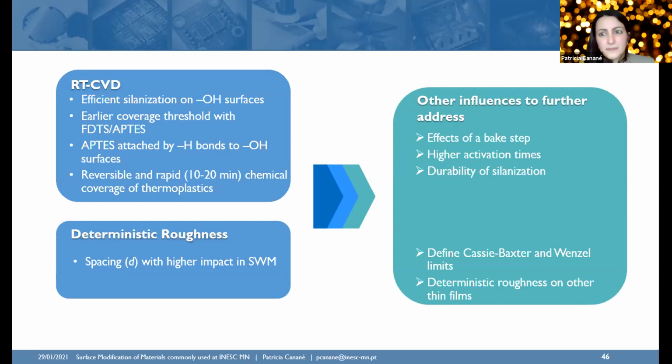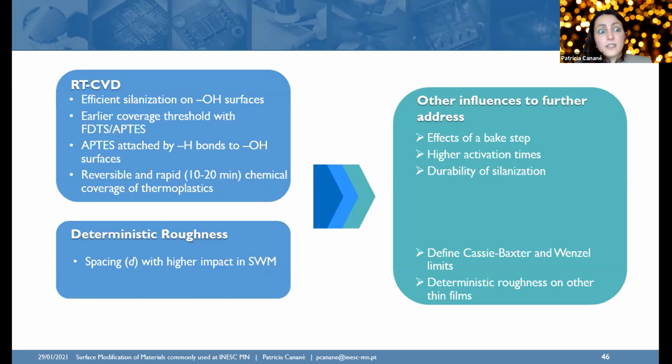Exactly. So do you have any feeling about how this RT-CVD method compares with other methods of silanization that are, I think, maybe more standard? Do these surfaces last longer? I don't have exactly a feeling regarding the durability, but I have a feeling about the simplicity of the technique.